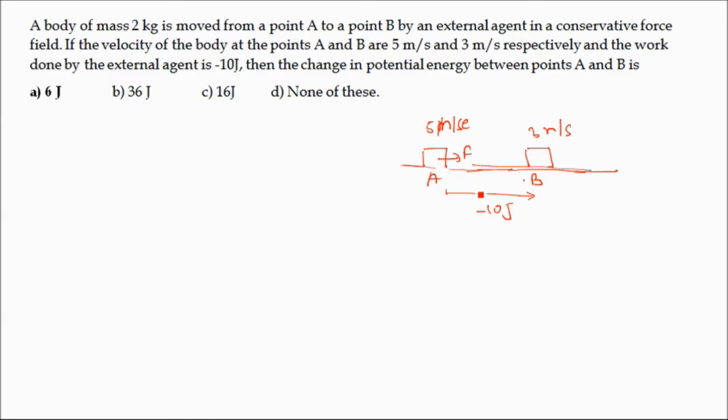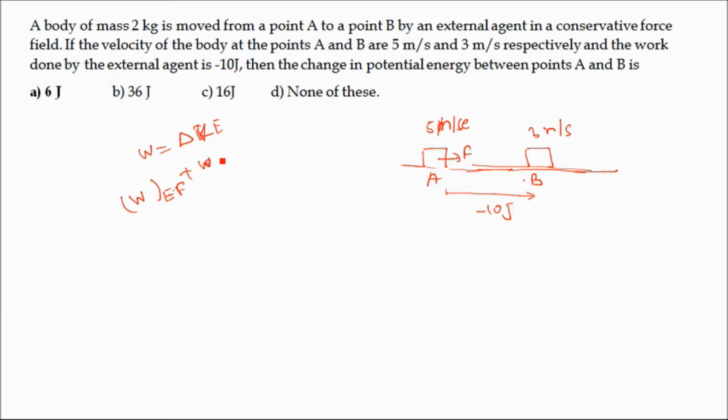Exactly as per the work-energy theorem, the work done is equal to the change in kinetic energy. The work done is composed of two parts. First is the work done by the external force, which we denote by W_EF, plus the work done by the conservative field, and this work will change the potential energy.